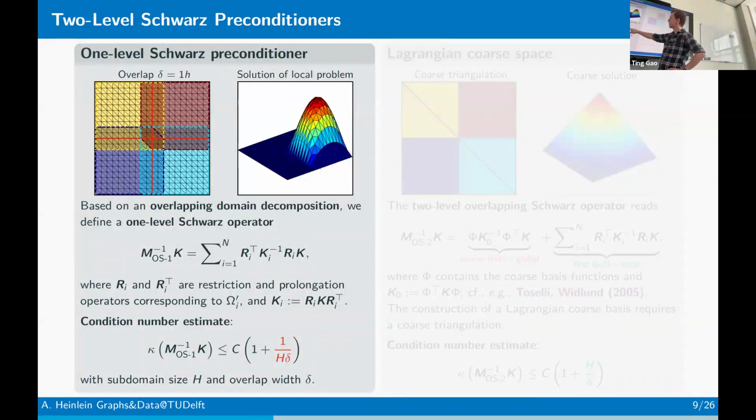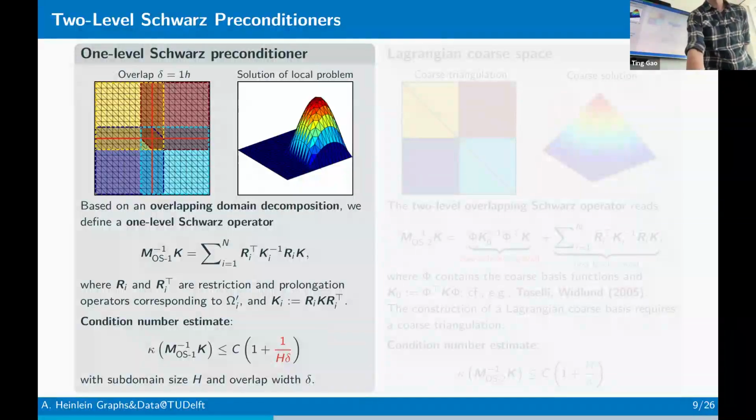What essentially the preconditioner does is I take a vector that is defined globally, I restrict it to one of these overlapping subdomains, I solve my problem on that subdomain, and I take the solution and interpolate it back onto the global problem. Then I do that in an additive way for all the subdomains. So somehow I solve on local parts of the problem, and I take that as an approximation to the inverse of the whole problem.